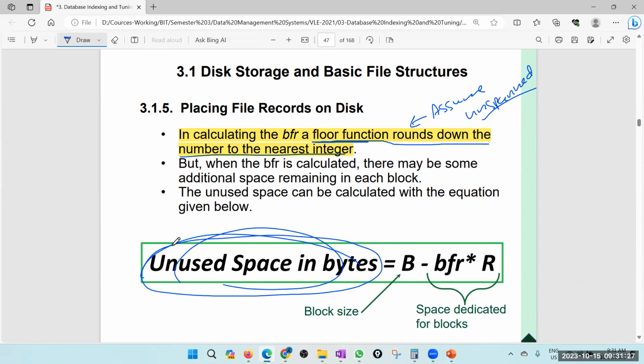Maybe we can keep 100 records in a block, but we keep only 30 records. So the unused space is the total space of the block minus what we have saved. And even when we fill the block with records, a small number of bytes will remain, because that available space is less than the space of one record.